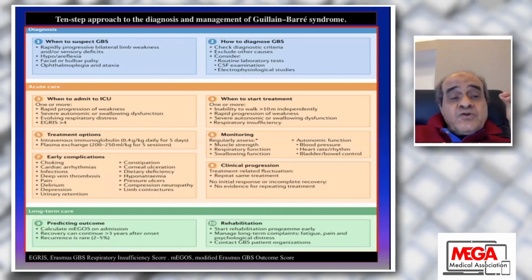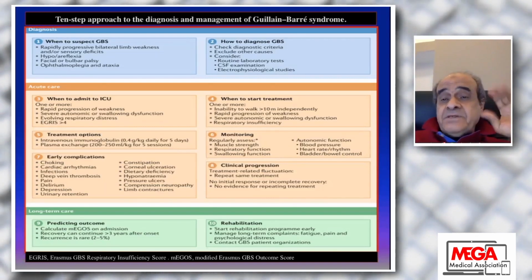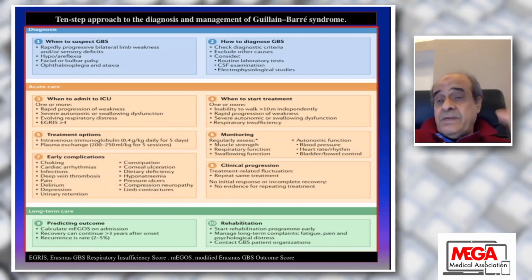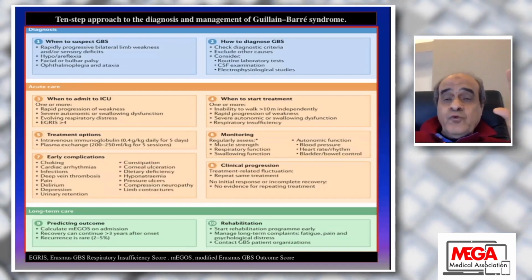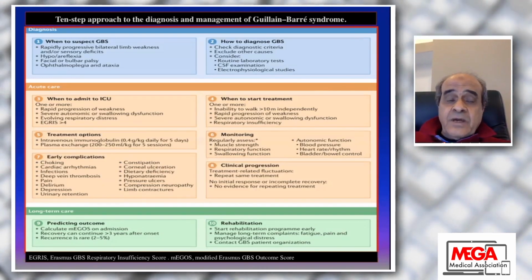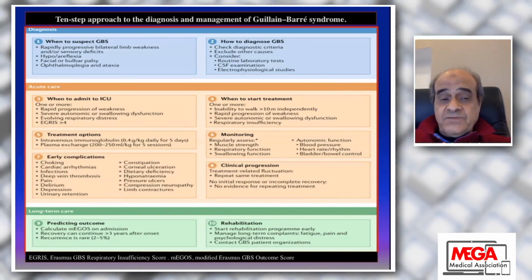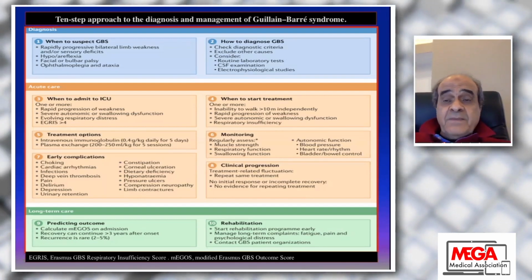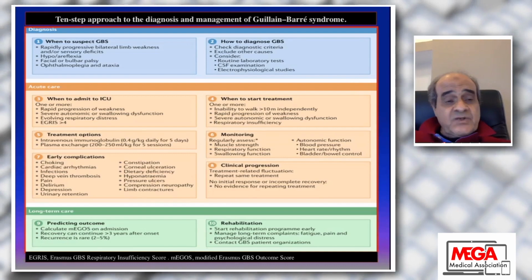We have to look also at the complications, especially early complications in Guillain-Barré syndrome and also in any muscle disease. We have to be careful for DVT, with prophylactic anticoagulant to avoid DVT for those patients because they are not ambulating and the muscle tone is low and DVT is common.